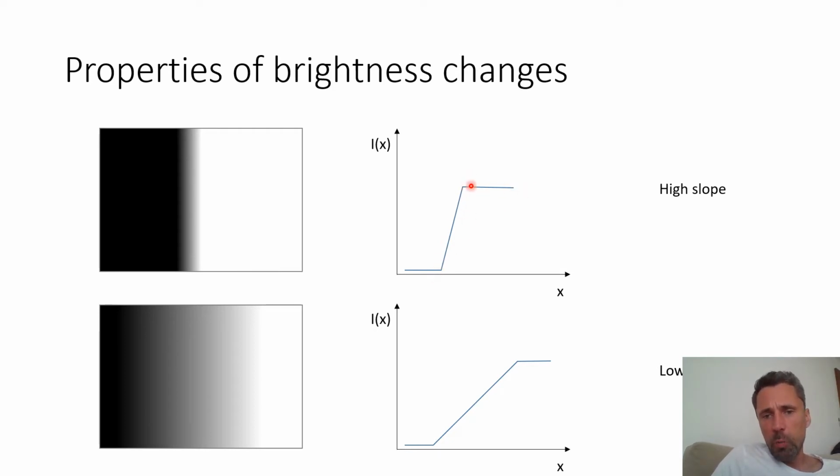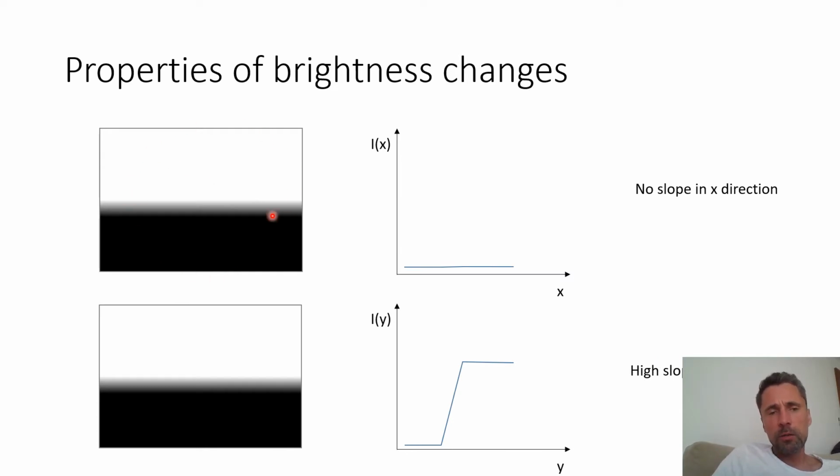But the slope with which this change appears is pretty high compared to this other example here, where we do have those two plateaus, but the gradual change is much slower, so there's much more image space over which this change occurs.